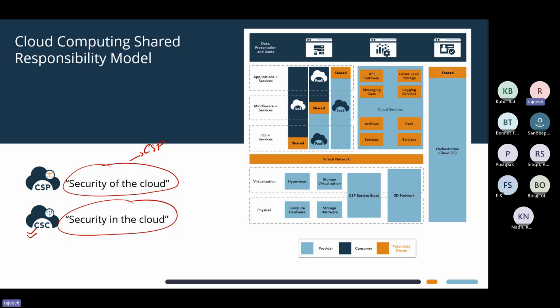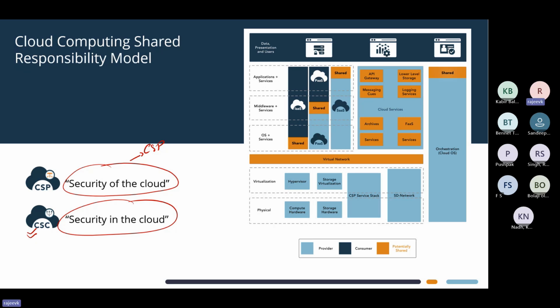Of the cloud means the task of protecting the cloud infrastructure, which includes physical and logical protection at the hardware level, software level, networking level, and even the facility level, so the cloud services can be securely offered to the consumer. And in the cloud means whatever services you purchase as a consumer, it is your responsibility to secure them.